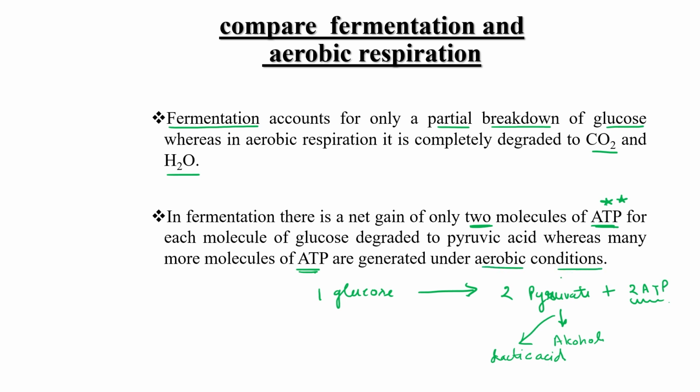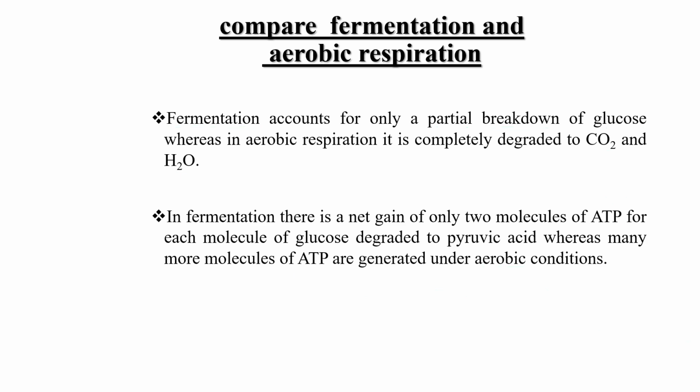Because all the bonds present in the glucose molecule have been broken down. That's why we can use the term complete oxidation during aerobic conditions. That is the third part, where it will convert into carbon dioxide, H2O plus ATP. A huge amount of ATP, or I can write 38 ATP. So this is the difference between fermentation and aerobic respiration.